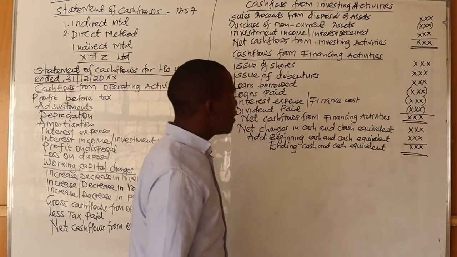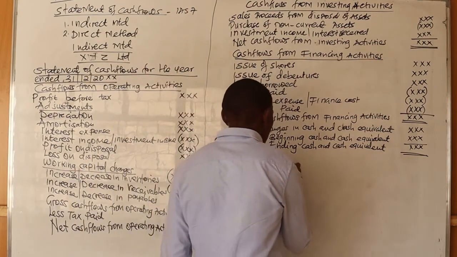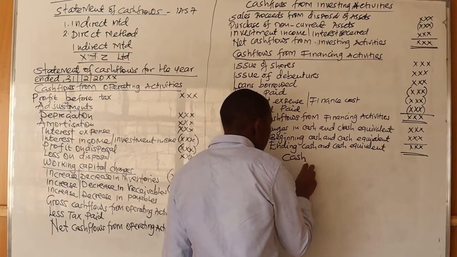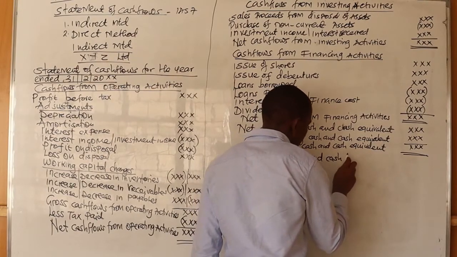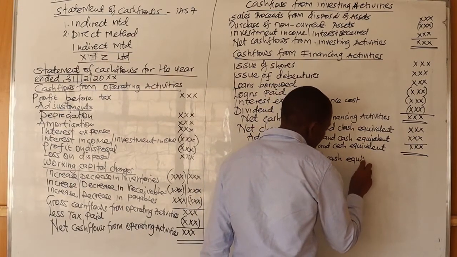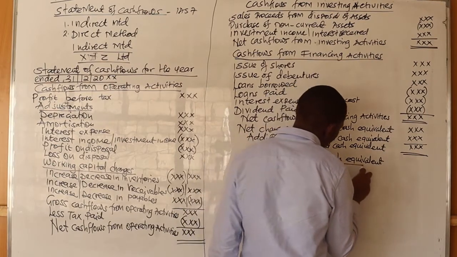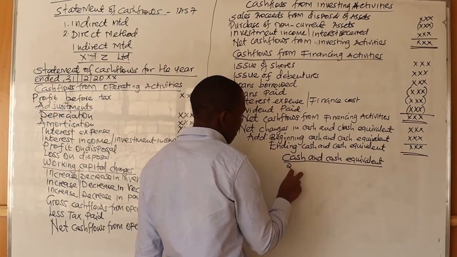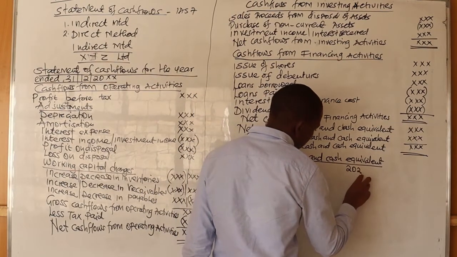Now, how do you get the beginning and the ending cash and cash equivalent? In this case, you will be required to have what we call the cash and cash equivalent, whereby you'll be having the previous year, like for example, 2019 and 2020.